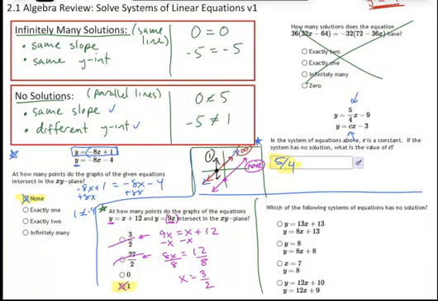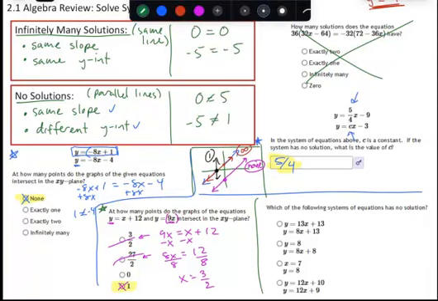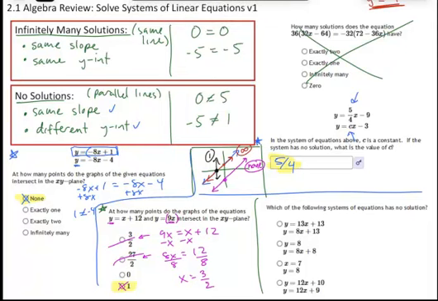All right, the final question you should be able to do without having to really calculate, just by looking at what you have. See if you can answer this final question here. Which of these systems has no solution? As you can see here, these are all pulled from the practice digital SAT. It looks like they have a relatively strong emphasis on the no solution, understanding that you're going to have same slope, different y-intercepts.